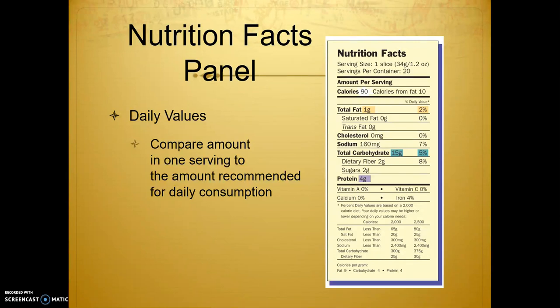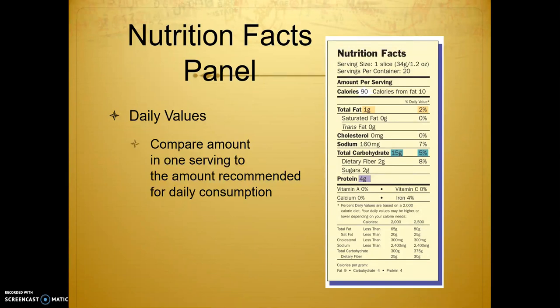Okay, it must always be set off in a box. There are no strict guidelines as to what size border you have to use for this box, but it must be in a box.